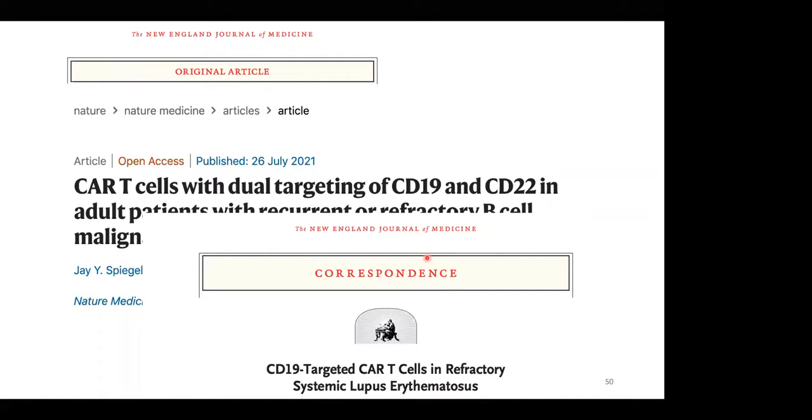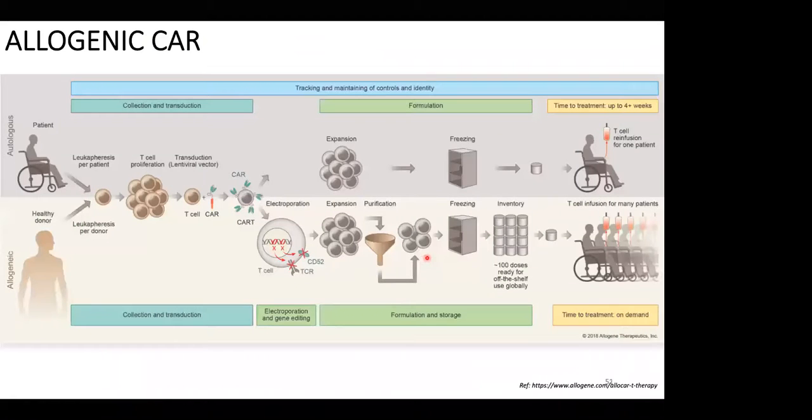The patient being refractory, she had undergone, I think, almost all the standard therapies for SLE and yet didn't respond. She was given lymphodepletion using fludarabine, and then CAR-T was given and she has gone into remission. So that was something very interesting.